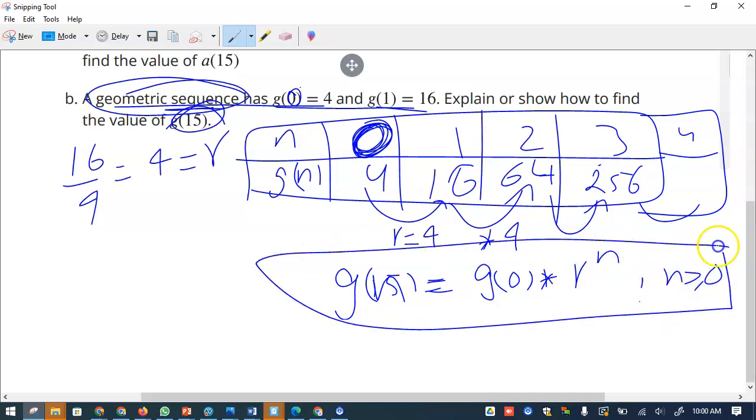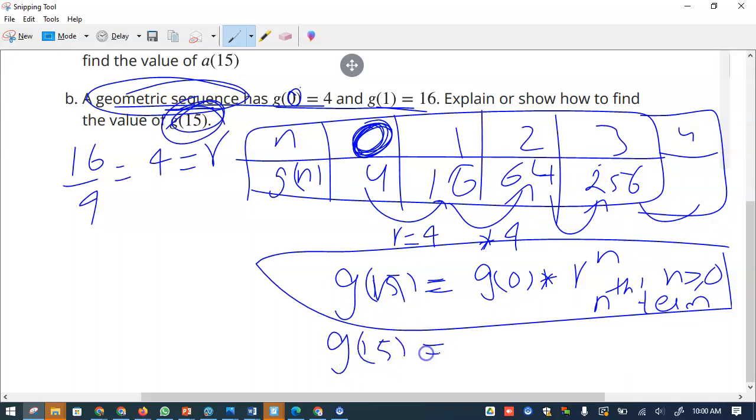This is the formula, which is called the nth term. So g of 15 is g of 0, which is 4, times the ratio r, which is 4, raised to n, and that n right now is 15.